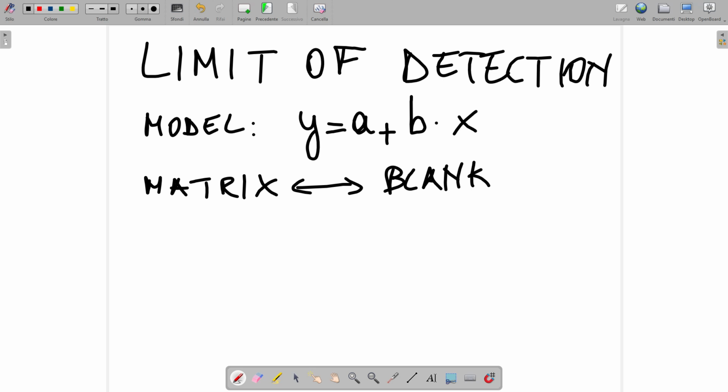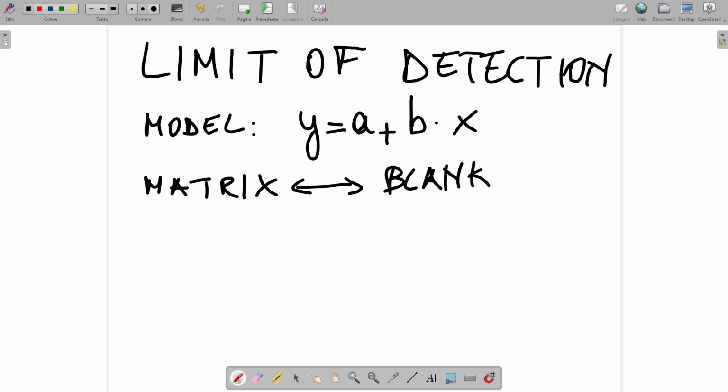In order to quantify the concentration, the minimum concentration corresponding to the limit of detection, we must proceed as I will show to you.